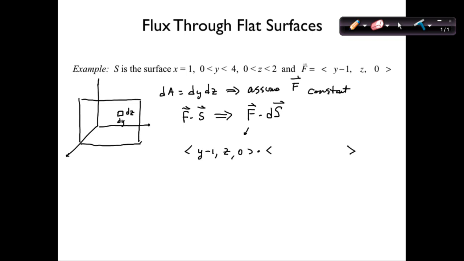So what would that be? Zero dy dz. Is that right? What's the direction of the area vector? Positive x. And what's the magnitude?